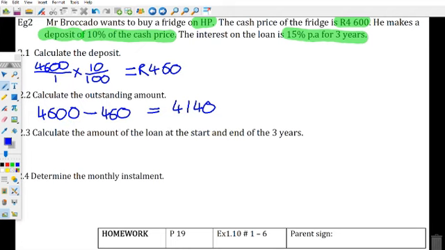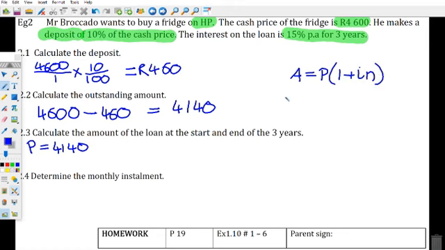Okay, so what is his loan amount at the start? My P value is going to be equal to 4,140. At the end of 3 years, we're going to find our formula. A is equal to P(1 + i n).